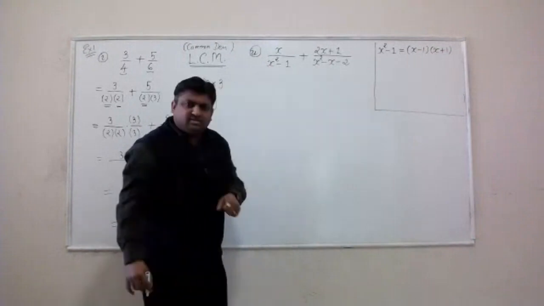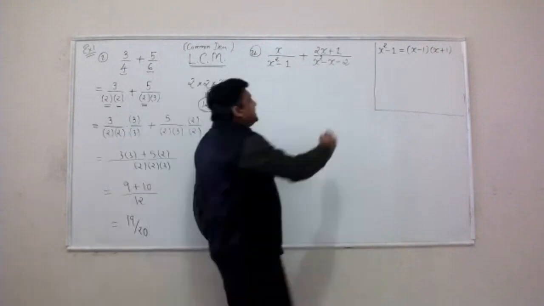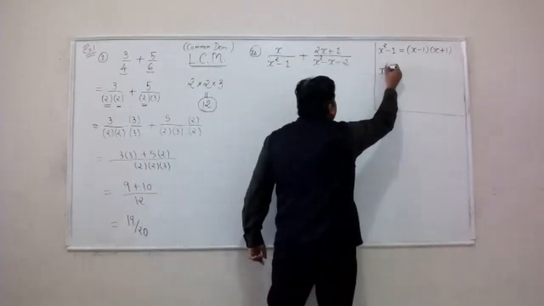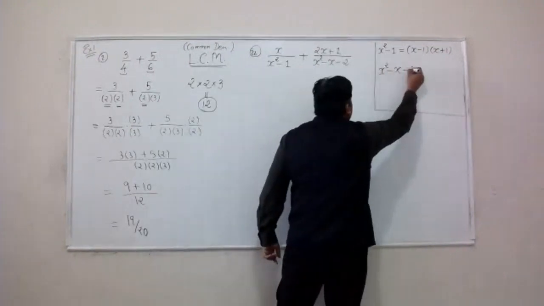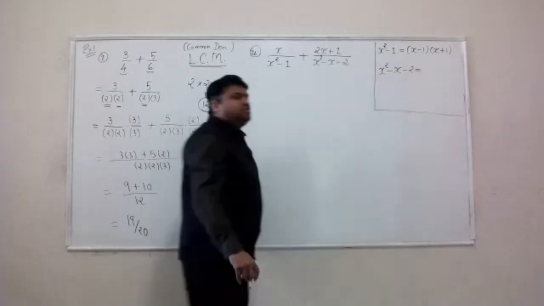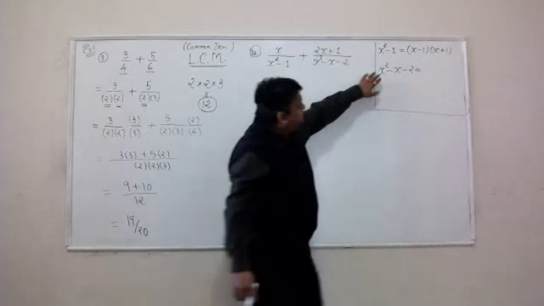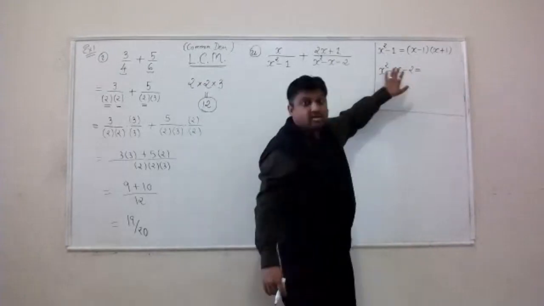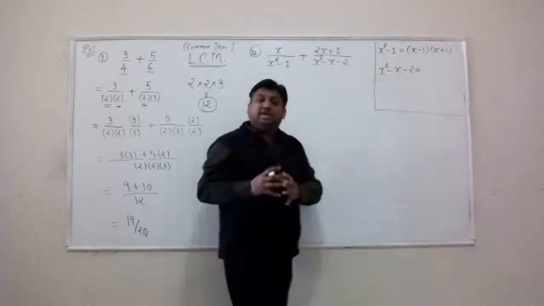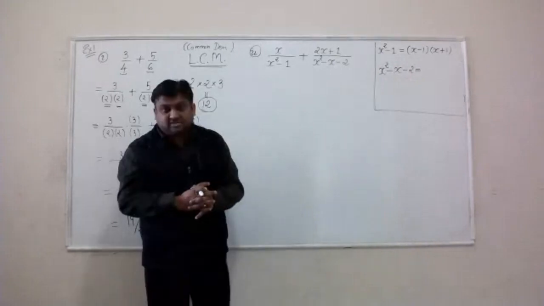Let's factorize the denominator of the second term: x squared minus x minus 2. I want you to notice that there is no common factor in these three terms. This is a trinomial of the form ax squared plus bx plus c.